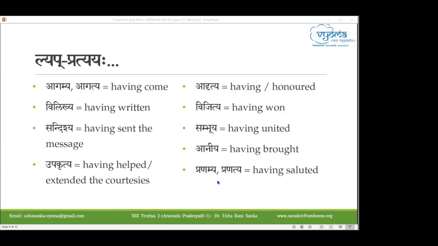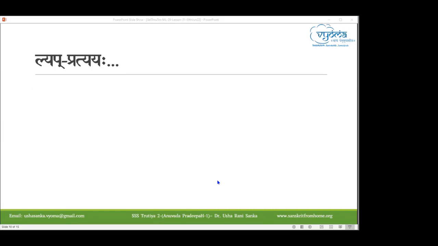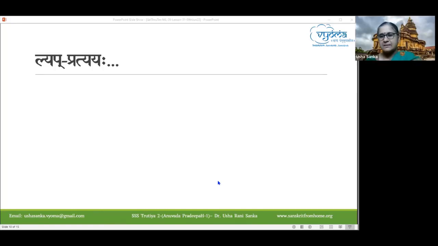Dhanyavad. Is there a general rule? The makara, when it's a gam dhatu, you drop off the makara, gachati, whereas a makara appears like this. So pranama, pranatya also. So maybe, yes. Maybe. That's what I've been thinking.